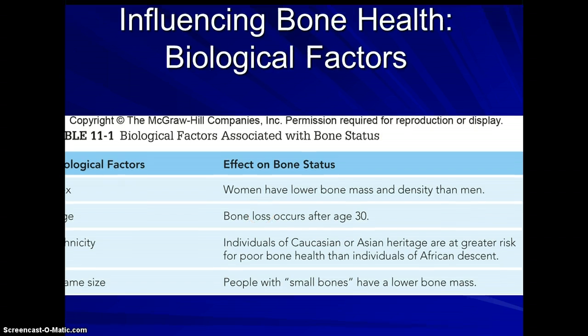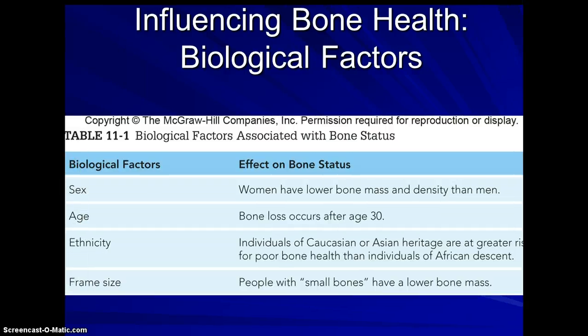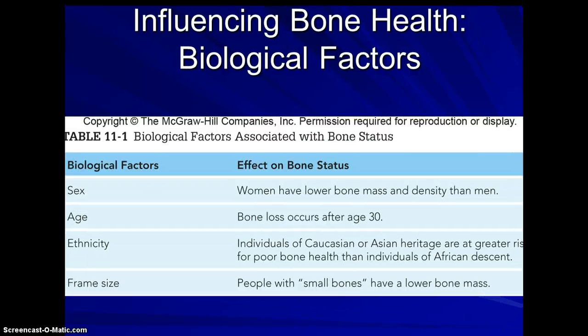So what are some of the factors that influence our bones' health? Women typically have a lower bone mass and bone density than men, and that's primarily because women are smaller. Men tend to be larger in size, thus they have more muscle mass, and as more muscle mass pushes on bones, bones develop greater.